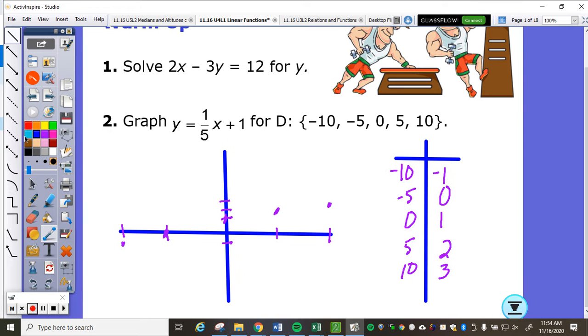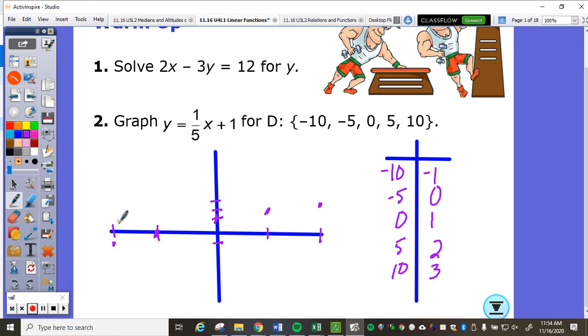And remember that, again, this is something that I'm getting ready to make a mistake on. We're not connecting these. Okay? This is a discrete function. This is just for these values of x. So these are just these points right here.